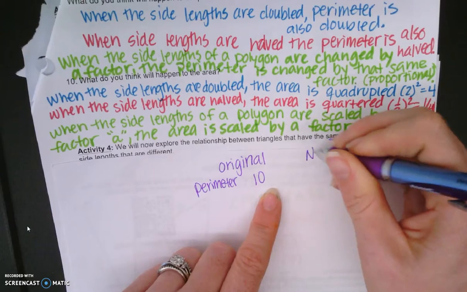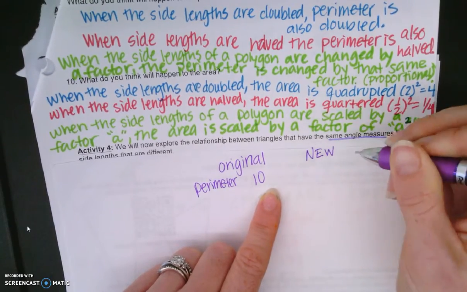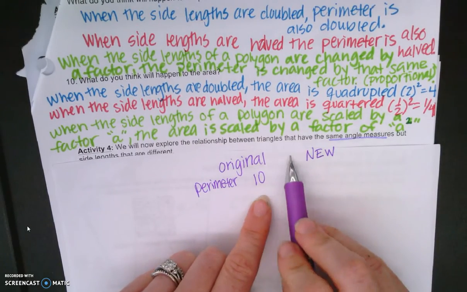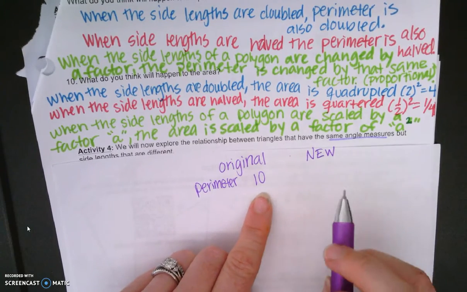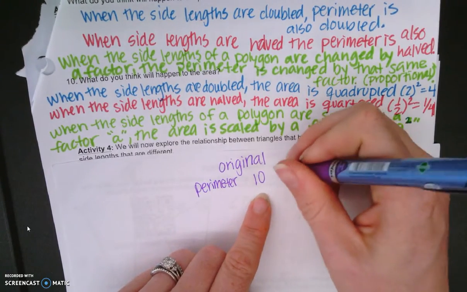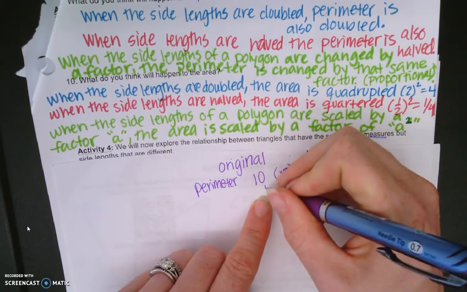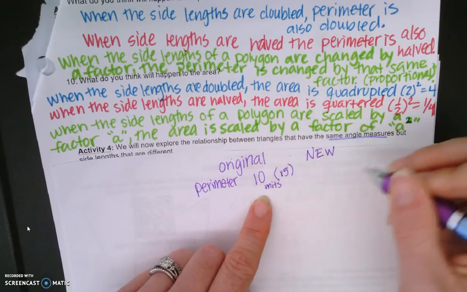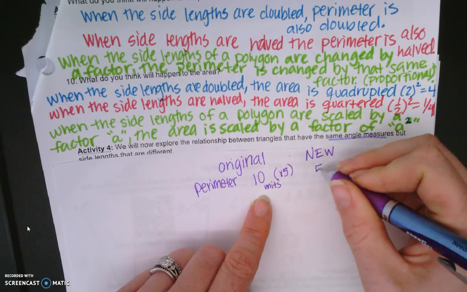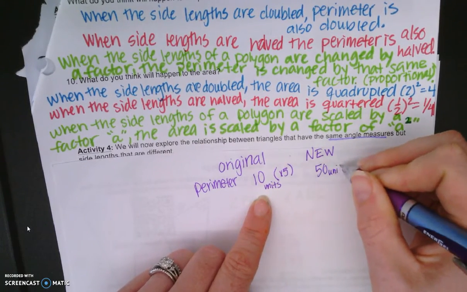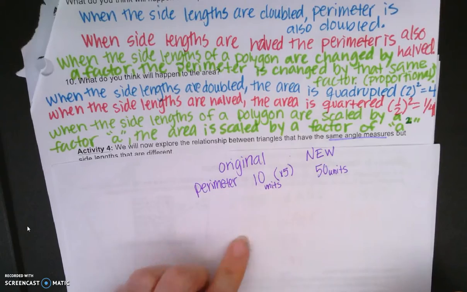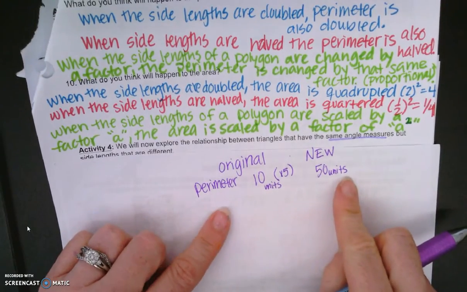So what would my new perimeter be? If my side lengths are multiplied by 5, that means my perimeter will also be multiplied by, that's right, 5. So our new perimeter, well, let's say units, would be how many units? That's right, 50 units. It doesn't matter what shape this is, that will be the relationship.